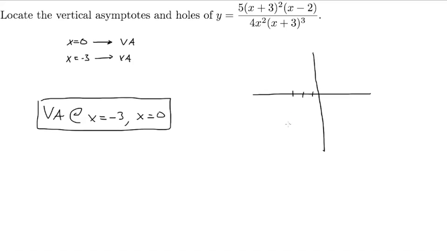When we sketch our graph, wherever we have a vertical asymptote, we're going to put a dashed line in that spot. Remember, x equals negative 3, that describes a vertical line. Similarly at x equals 0. Here it's going to be hard to see over the y-axis, but that's okay. We still put a dashed line along x equals 0.